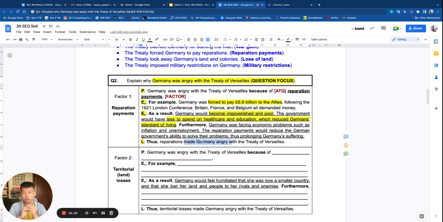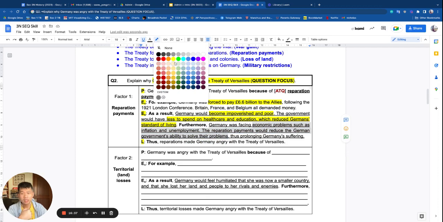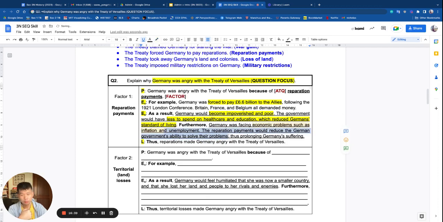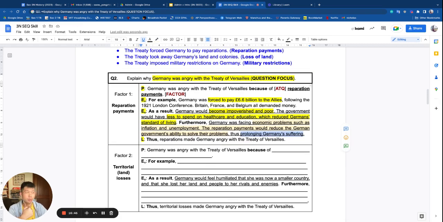If you can, you can demonstrate a second explanation. Moreover, the fact that Germany have economic problems would mean that the payments would worsen these problems like unemployment and inflation, would prolong Germany's suffering of these economic problems, and so Germany is angry.